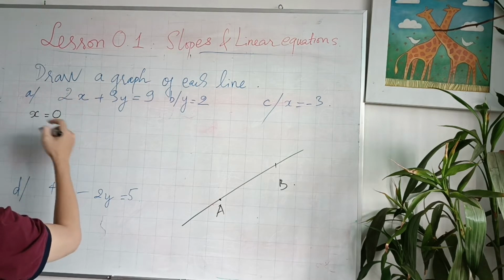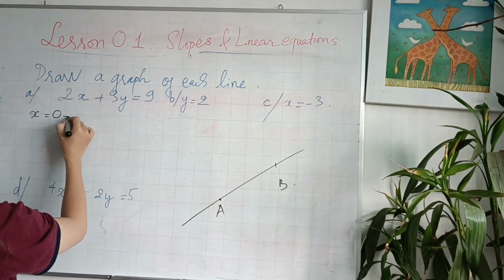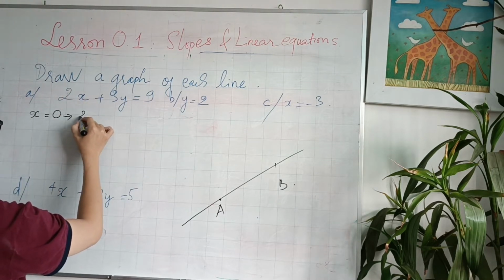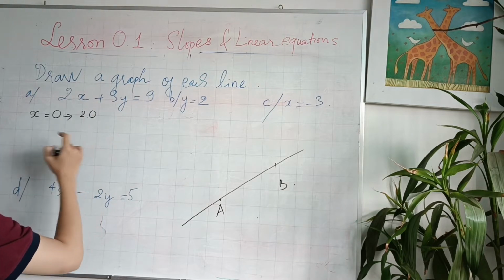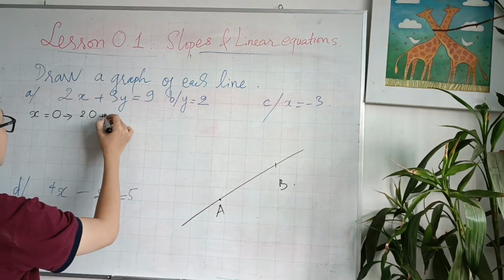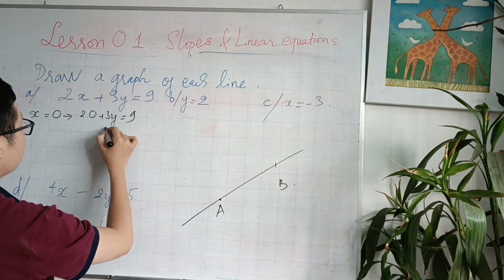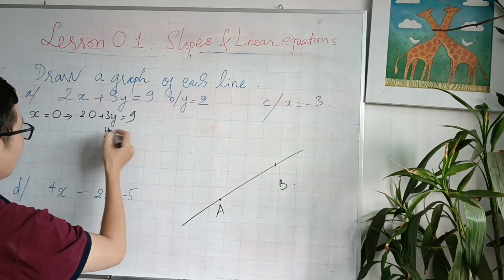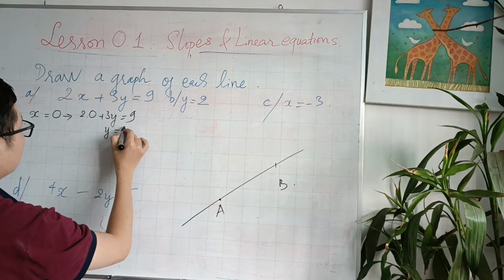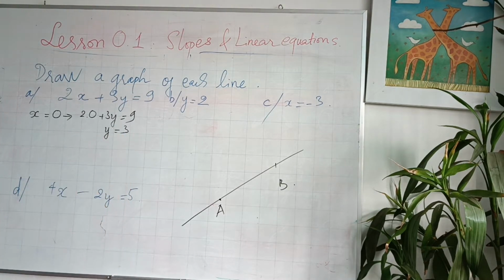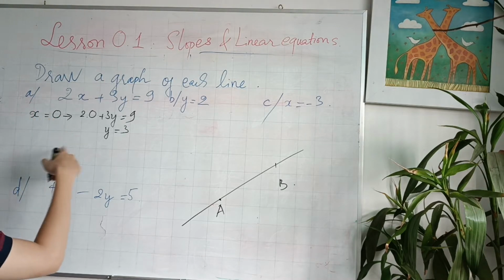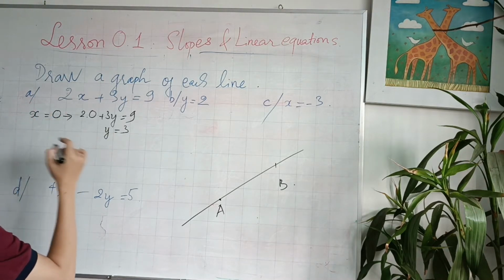You substitute x equals 0 into this line. We have 2 times 0 plus 3y equals 9, so y is 3. So the first point on this line is (0, 3).